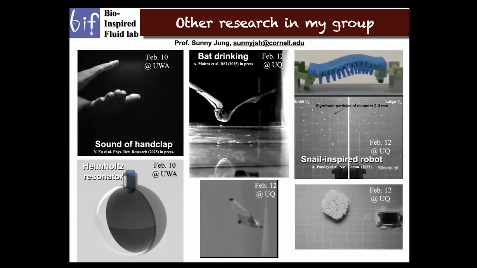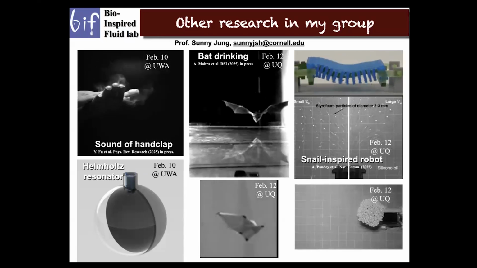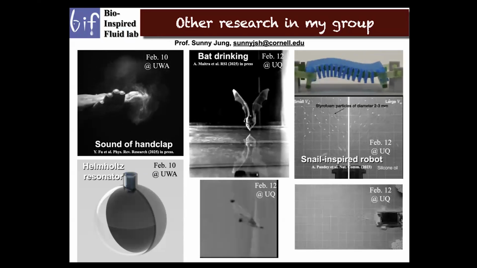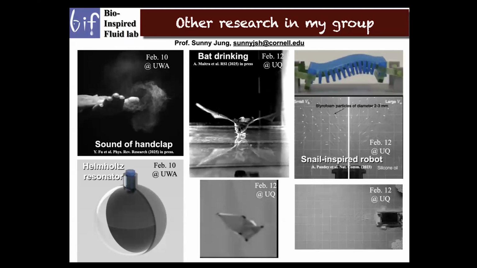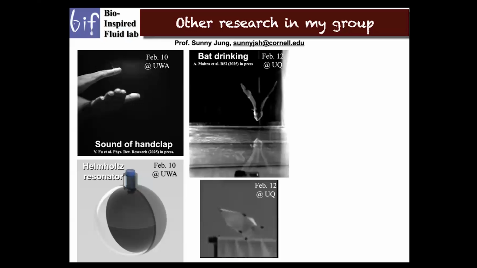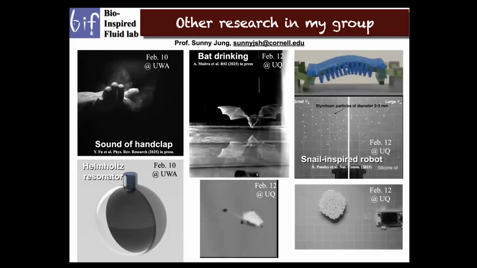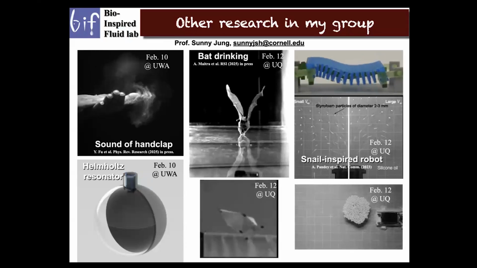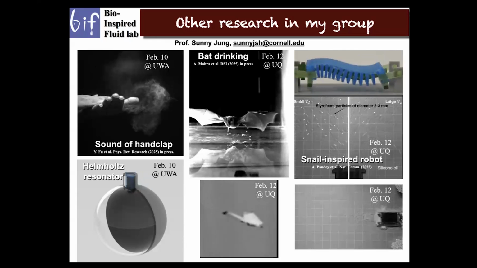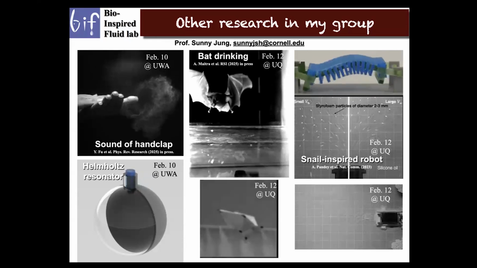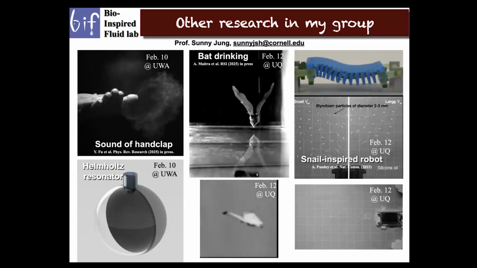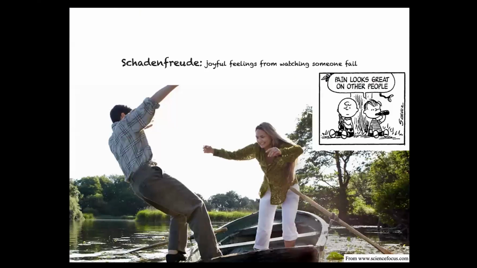Inspired by this, we try to make a robotic system to collect microplastics in the ocean. If you have a patch of particle raft, we can collect this particle raft using this mechanism. This is something we are also working on right now.